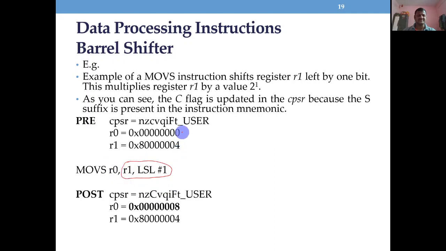You can observe the initial contents of R0 and R1; after shifting, R0 is updated with the new value. This work is carried out by the barrel shifter before the value is sent to the ALU.